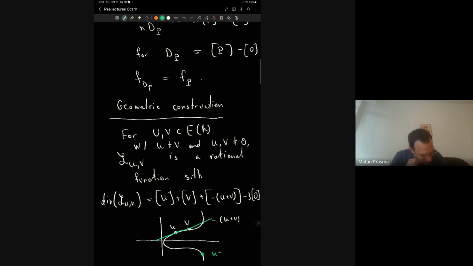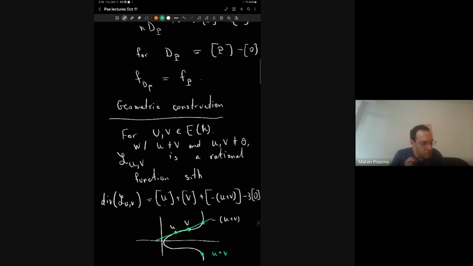This is U plus V. So this guy is minus U plus V. And if U and V are generic, I mean they're not the 0 point and they're not equal to each other, then what is the divisor of this line?